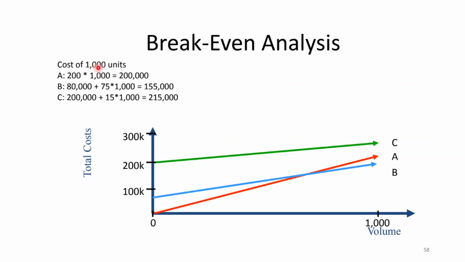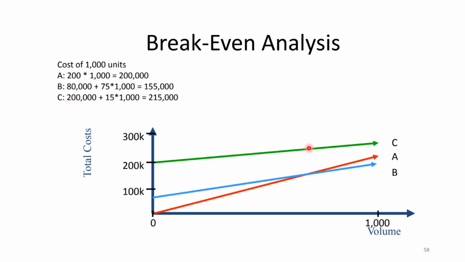Now consider the cost of 1000 units, and you have chosen three processes A, B, C. A is directly buying, and here one unit costs you 200 rupees, so 2 lakh will be the entire cost. For B, you have a fixed cost of 80,000, 75 as the per unit cost, and 1000 as the number of units, so 1,55,000 will be the entire cost.